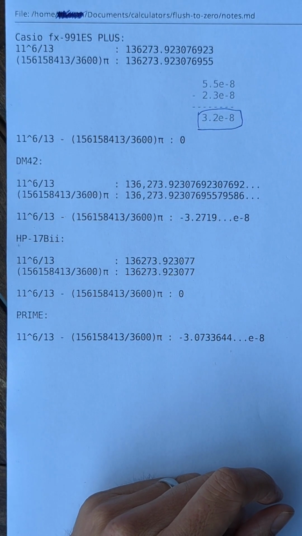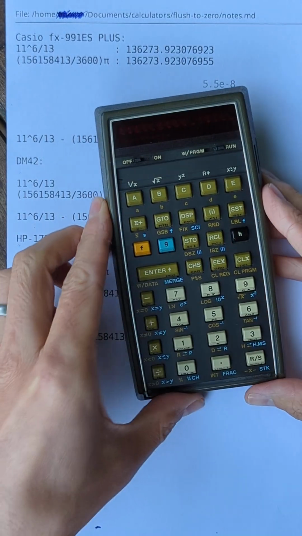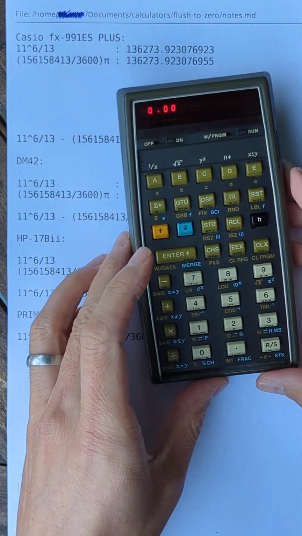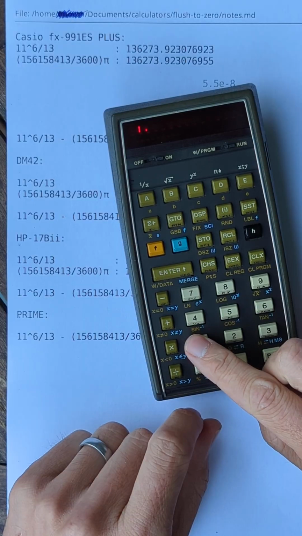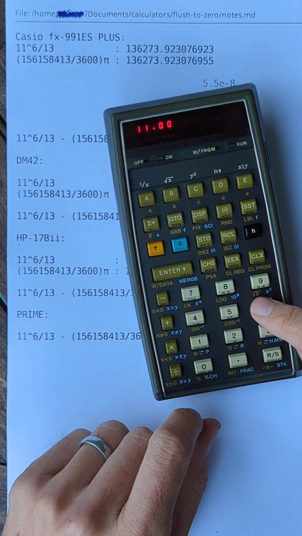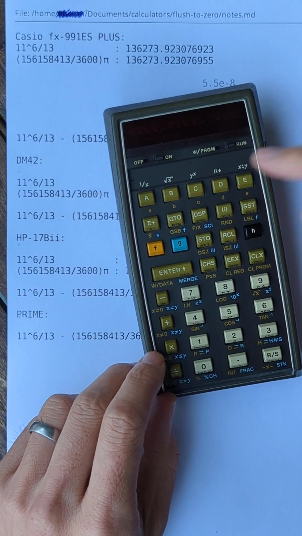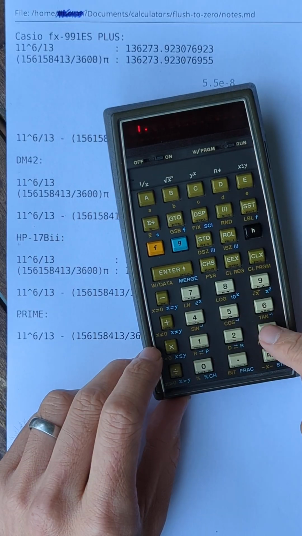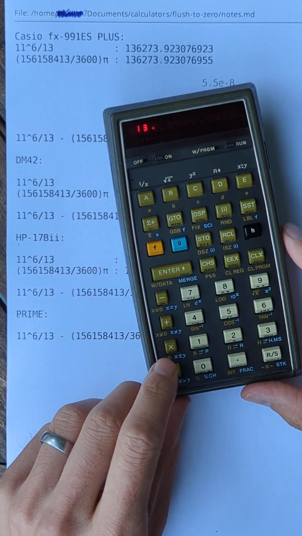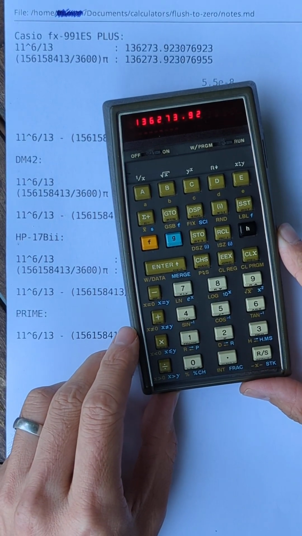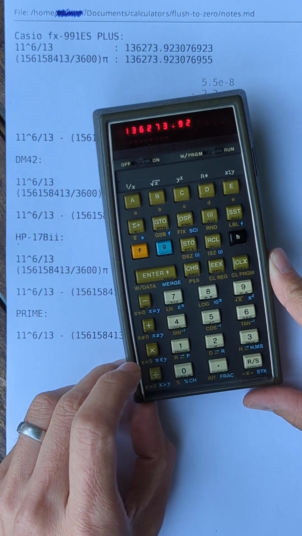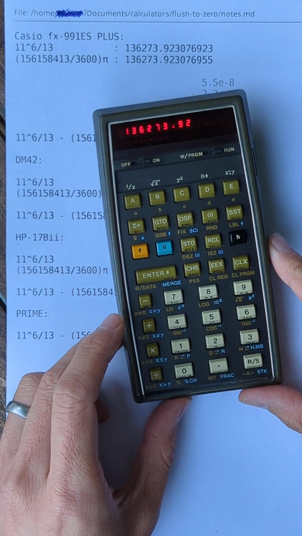And yeah, just for fun, this is a relatively new one for me. I don't know if the battery will hold out on this, but let's see if we can calculate it on here. This has only got 10 digits precision, so I think it's going to come up with the same thing. So we've got 136,273.92 there.